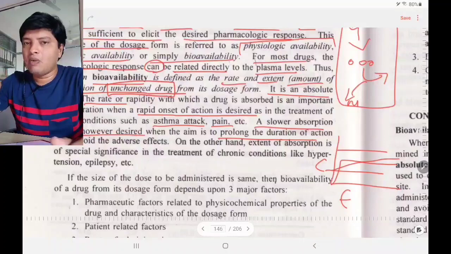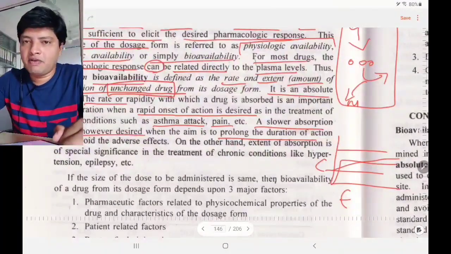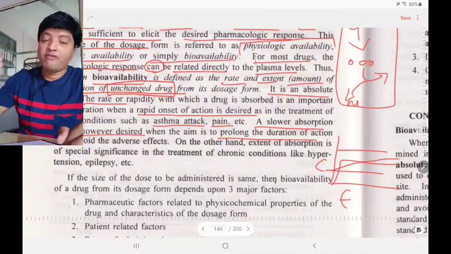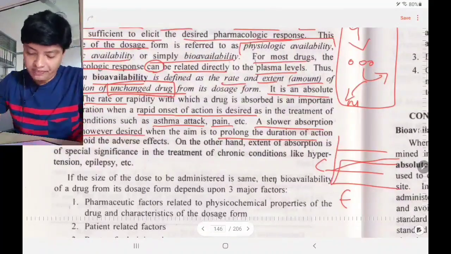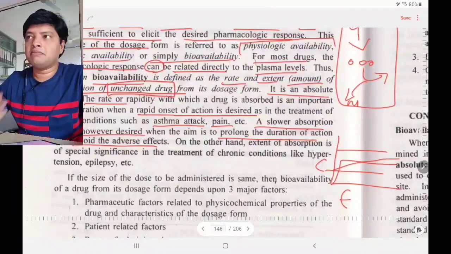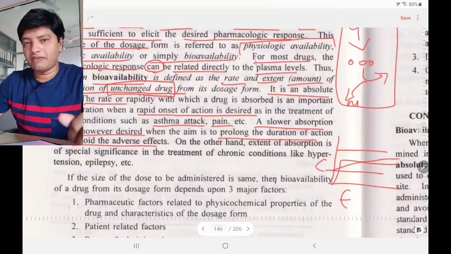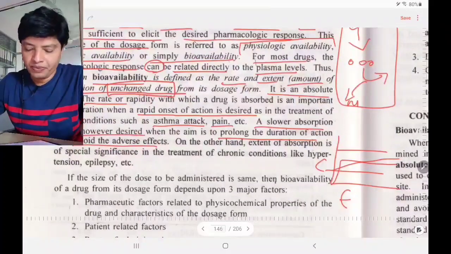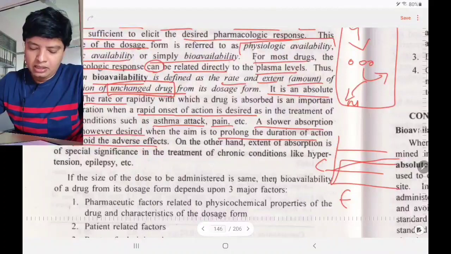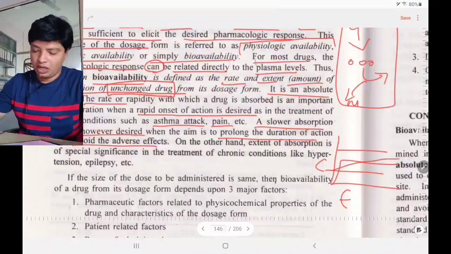In that case I want it to be fast acting, and the rate and extent of absorption is very important. We need slower action also, in order to avoid adverse effects. Some tablets, if they are absorbed very fast, show adverse effects. To avoid those adverse effects, we need slower absorption also.